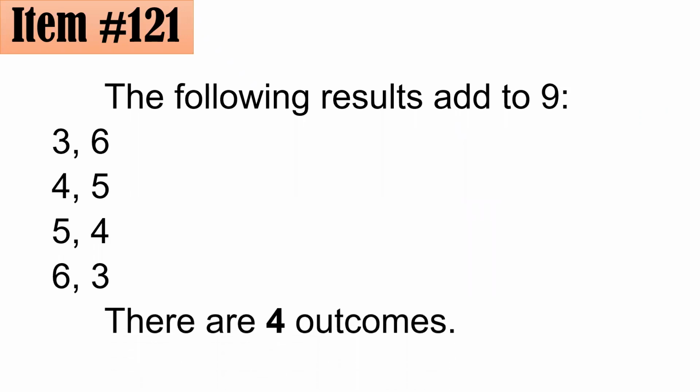And remember, the following results add to 9. So pwede pong 3, 6, pwedeng 4, 5, pwedeng 5, 4, at saka pwedeng 6, 3 po. So all in all, there are only 4 outcomes, and that is letter C.